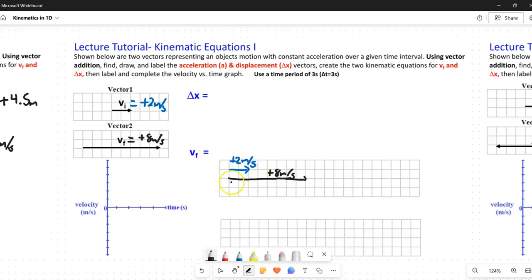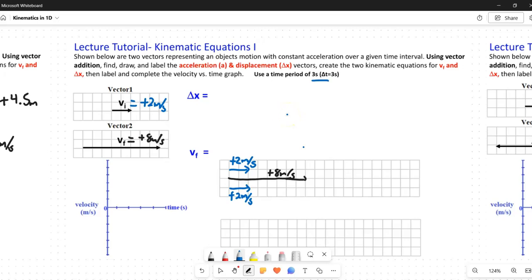How do we get this guy to be this positive 2? What do we have to add to this positive 2? How many vectors do we have to add? And we're going to need 3 of them.